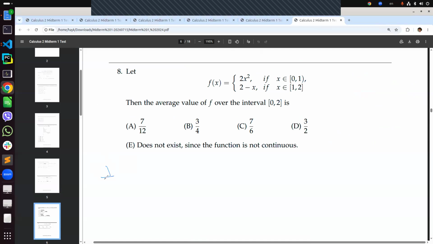It's 1/2 times the integral from 0 to 2 of f of x, because the length is 2. We can simply calculate the integral from 0 to 1 of 2x squared dx, plus from 1 to 2, and on 1 to 2 our function is 2 minus x.